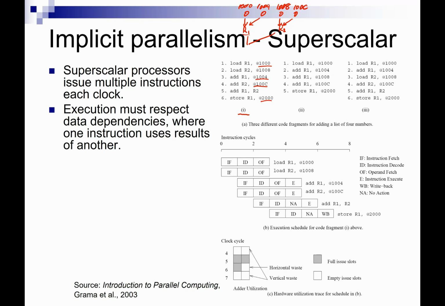One example of this would be the second piece of code over here. This piece of code actually does the same thing as the first piece of code in the sense that it is also adding together these four values at 1000, 1004, and these different addresses. However, it's doing these in a different order.